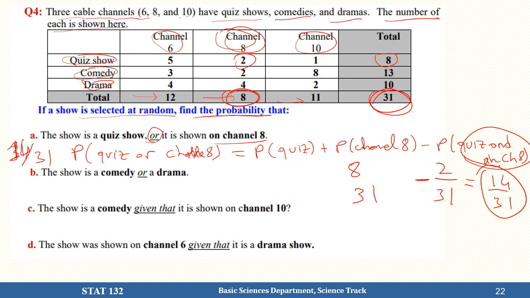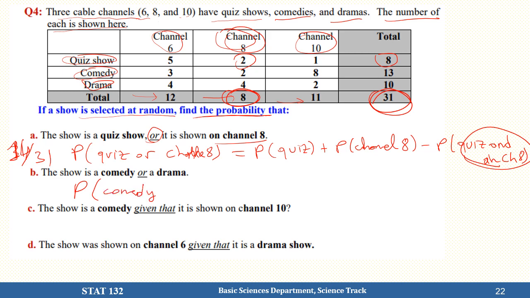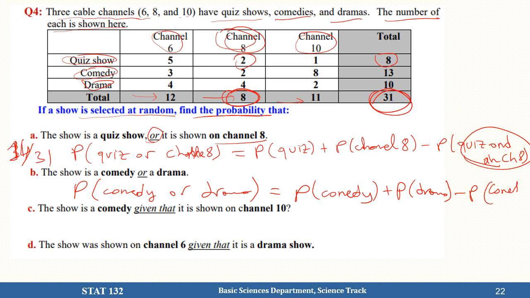Now we have the same type of question here again. If you pick a show, this is comedy or drama. And this will be just the probability that it is comedy, plus drama, minus comedy and drama.